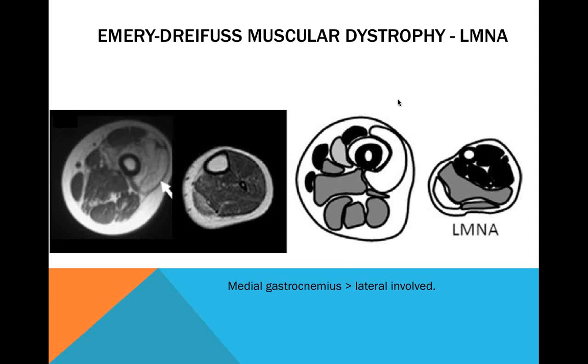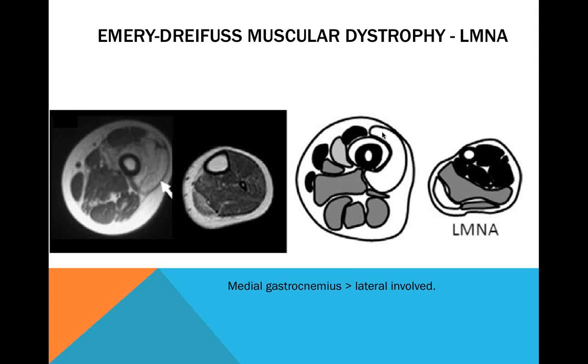So here what you can see is that, again, there is some rectus femoris sparing, but the sartorius muscle is not as involved as the gracilis muscle, not more involved than the gracilis. So this is unique to this condition as compared to both SEPN1 or rigid spine and also RYR1 or central core. So that's important to remember.